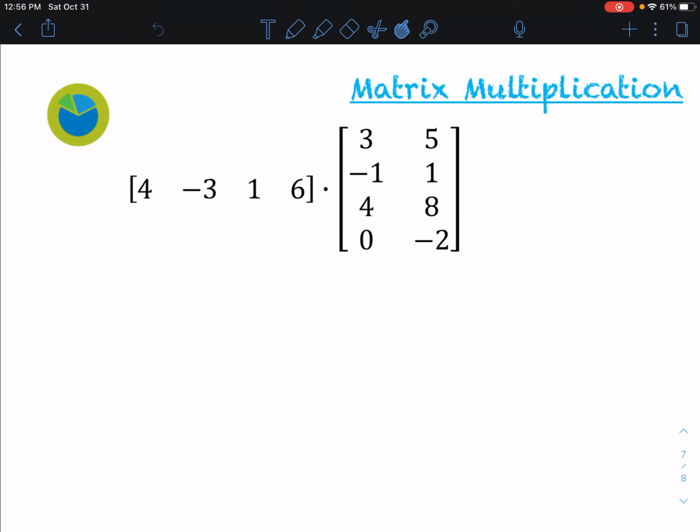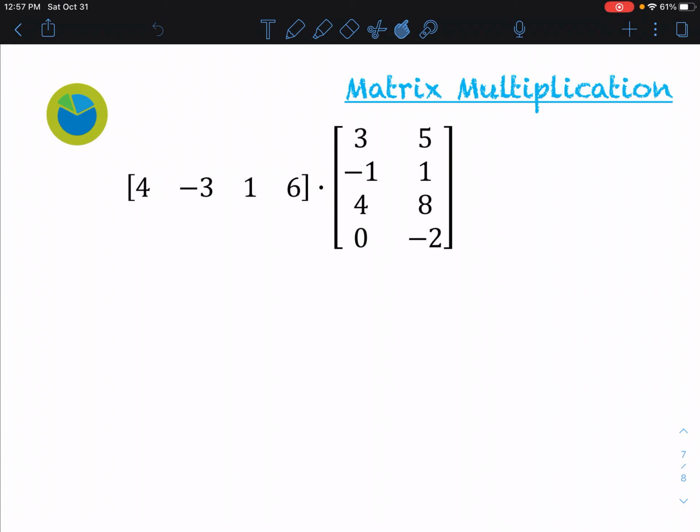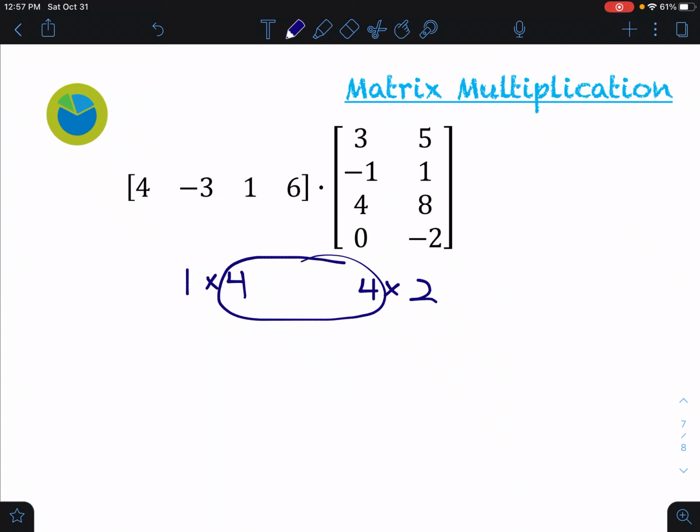Okay, so matrix multiplication. Always start by writing down the dimensions of each matrix in the correct order. So this is a 1 by 4 matrix, and this is a 4 by 2 matrix. Again, because these inner dimensions are the same, we can multiply them.